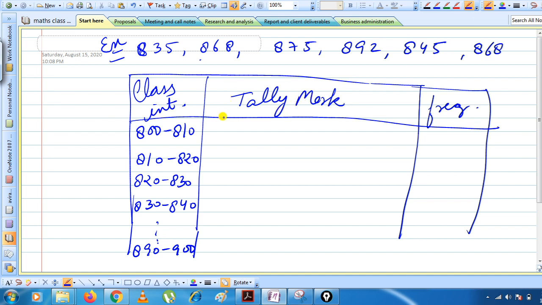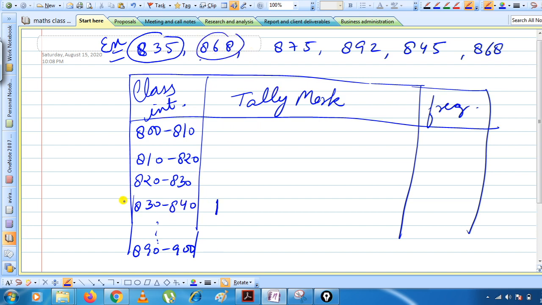These are some examples which I have written here just to show you how we can mark tally, how we can put the sign in the tally mark column. So the first weekly wage you can see is 835. Certainly it will come in this interval 830 to 840.